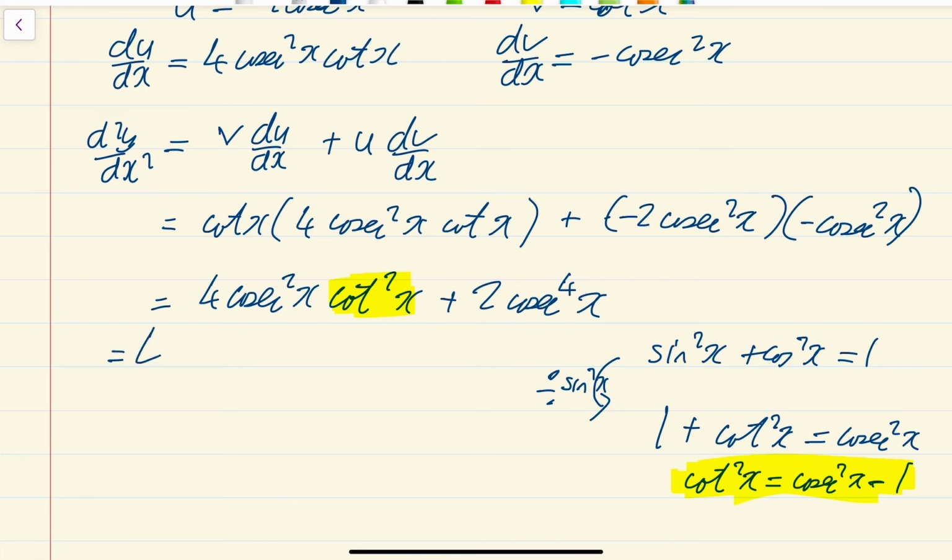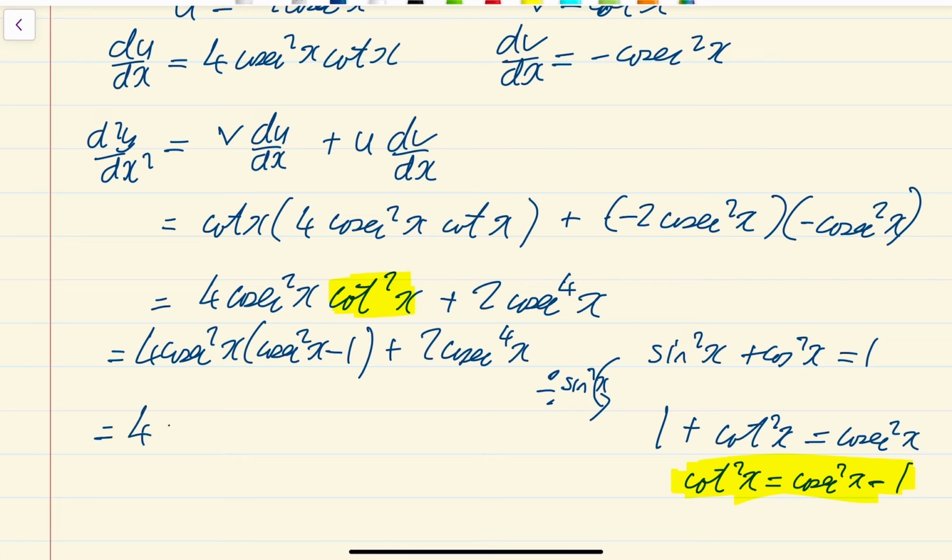So this whole thing becomes 4 cosec squared of x times cosec squared minus 1. And then over here, we had our 2 times cosec to the power of 4 of x. And then that can tidy up. That's going to be multiplied.